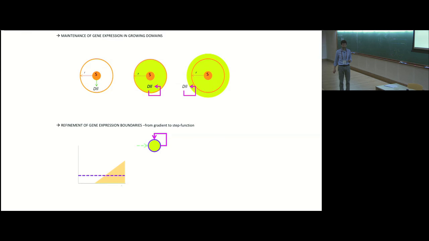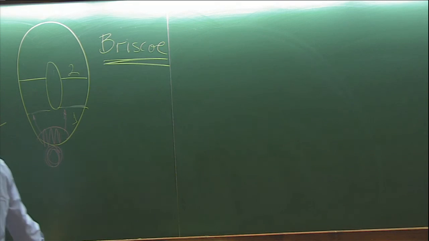Exactly. So if you want to know more about how this process happens, I would recommend you go and read papers by James Briscoe. There are recent reviews on this issue that you can read.